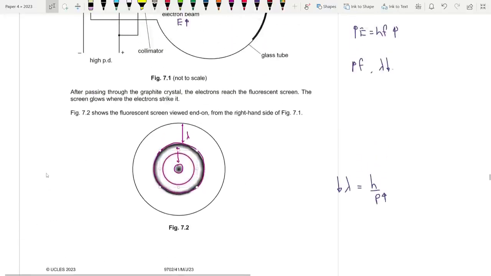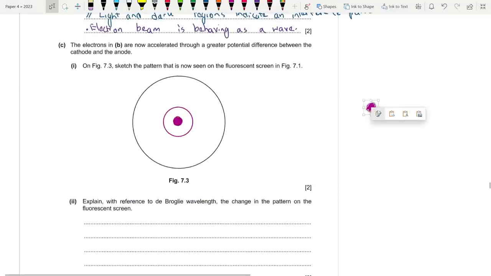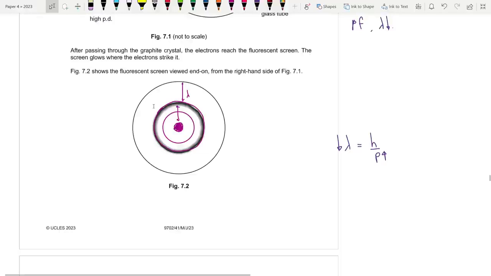And let me copy the blob actually. This should be the blob. So there should be this blob at the center. Let me just bring this over here, followed by these lines like this.